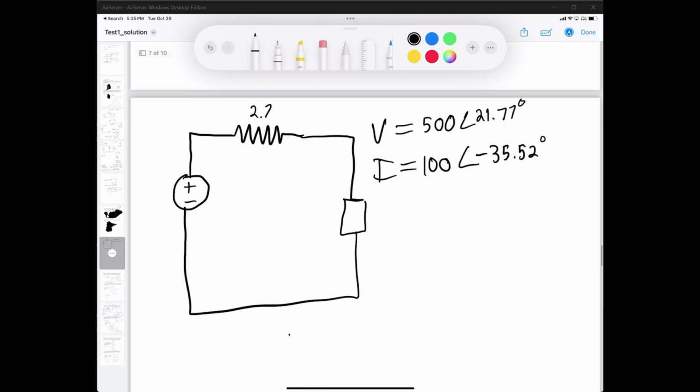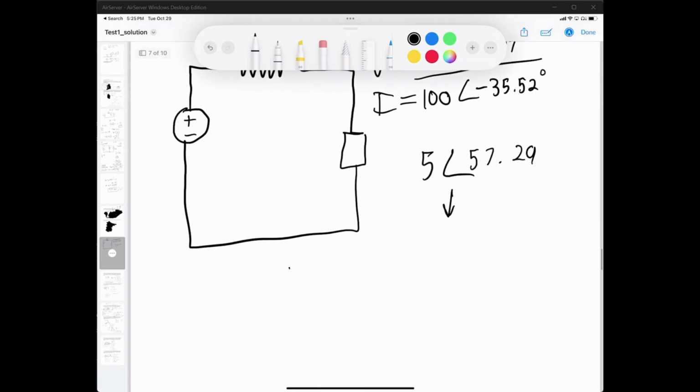So let's solve that. We'll get 5 with an angle of 21.77, we're dividing this, minus negative 35.52, which is 57.29. Now let's convert this to rectangular.